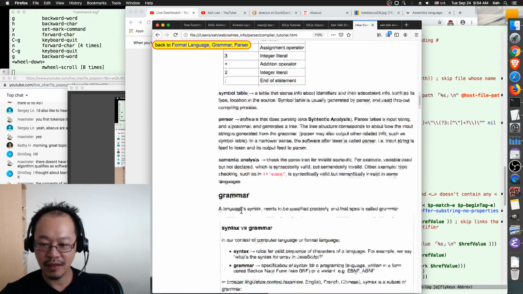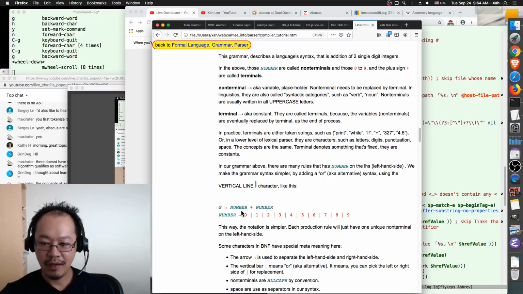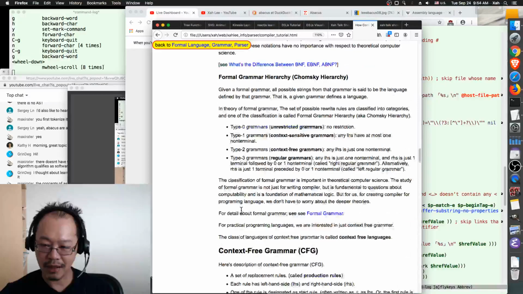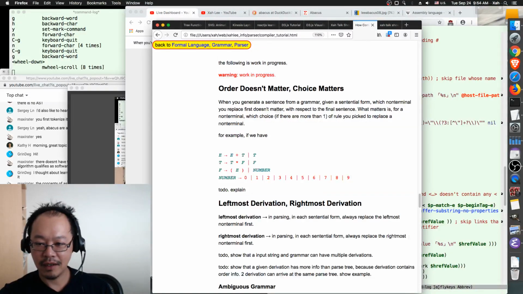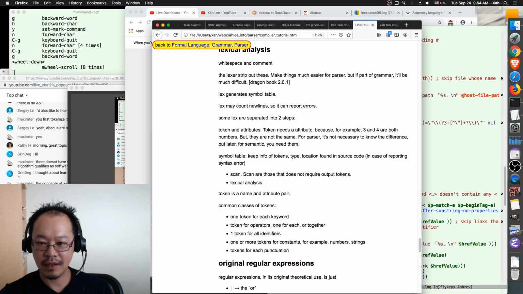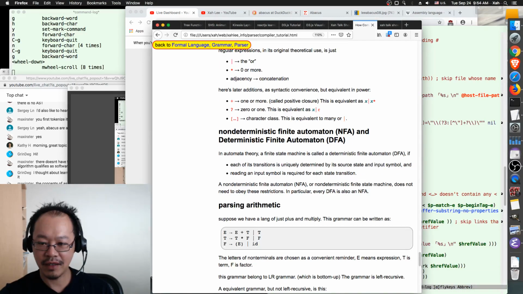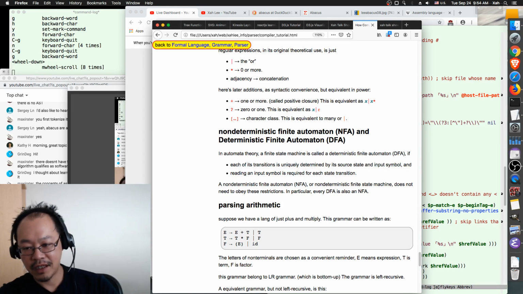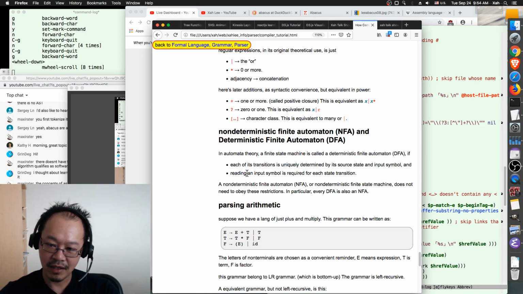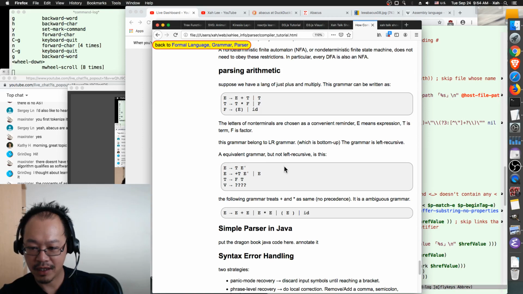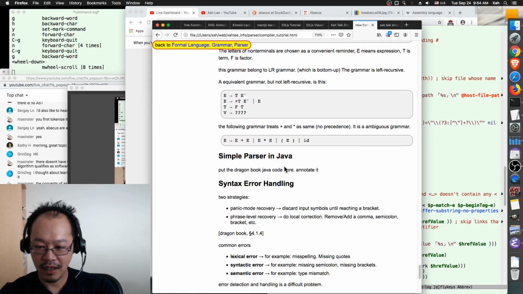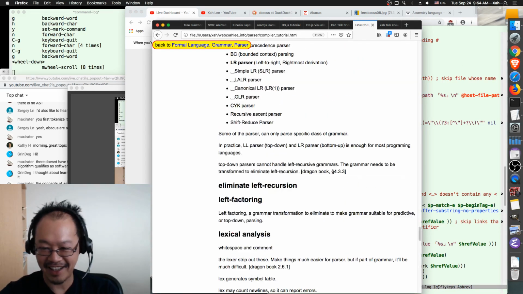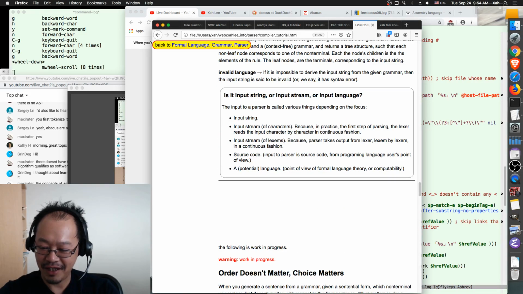So the interesting thing is, how do you parse? Let's see what we have here. Lexical analysis, non-deterministic finite automata, and deterministic finite automata. Syntax error handling. So there's a lot to it.